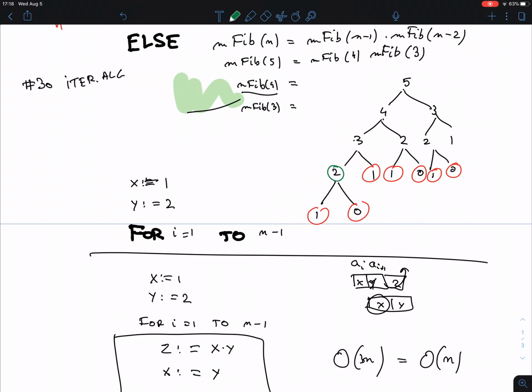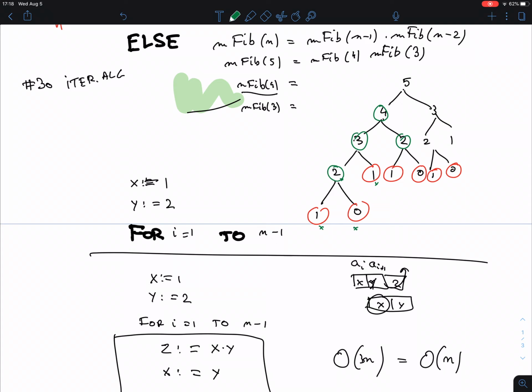To calculate this thing, I would have to multiply the 2 answers that I got here. And then according to this, I multiply the answer that I got here with the answer that I got there, and so on. For instance, at some point I would also have calculated these 2, and then to calculate this, I would multiply the 2 values that I've calculated there, and that gives me the value at this stage.